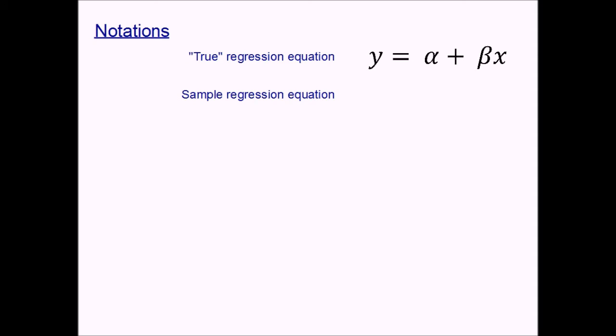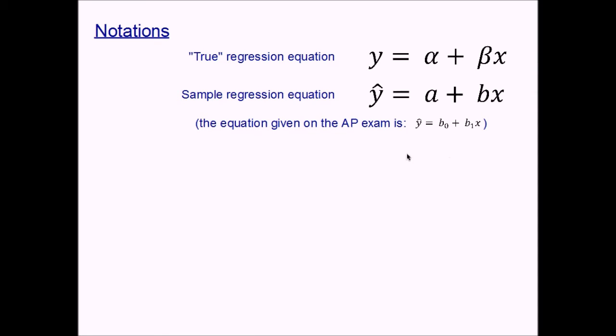What we need to do now is figure out some notation. So we can talk about the true regression equation, which uses some Greek letters, alpha and beta. All right, and then we also have our sample regression, which is a little bit more familiar. We have our y hat, our a, and our b.